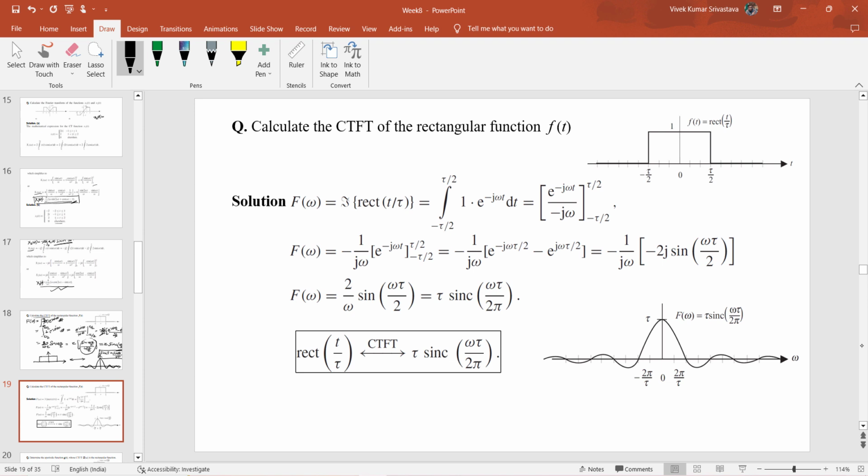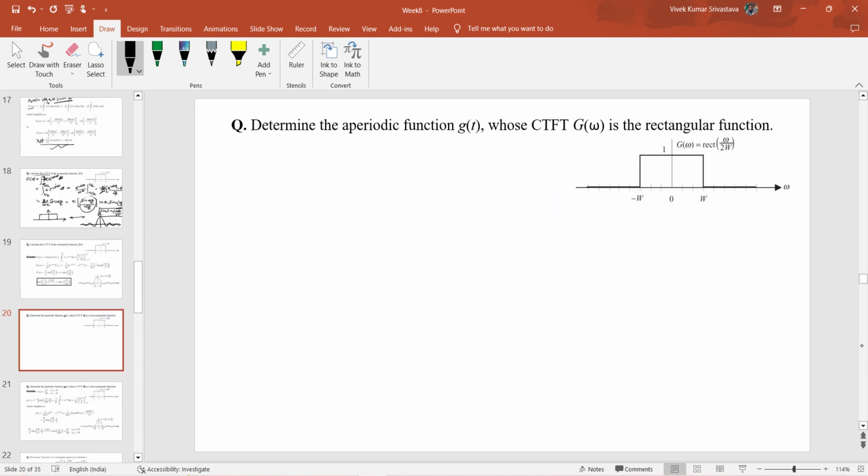So here in this problem, the approach is different. Here g of omega is given to us, and now we have to evaluate the value of g of t. Basically here we will do the inverse problem, which is the inverse Fourier transform.